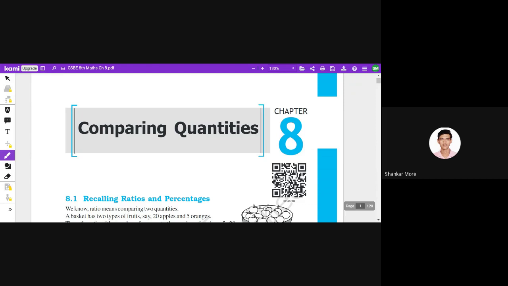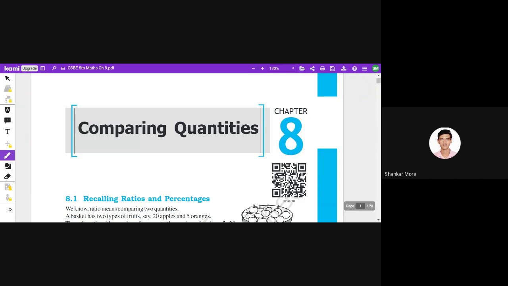The student who has joined with the name of Sunita Kadam, I request you to please put your attendance in the chat box if you are there. Sunita Kadam, you have to write your name and standard in the chat box. Okay, it is Shlok. All right.